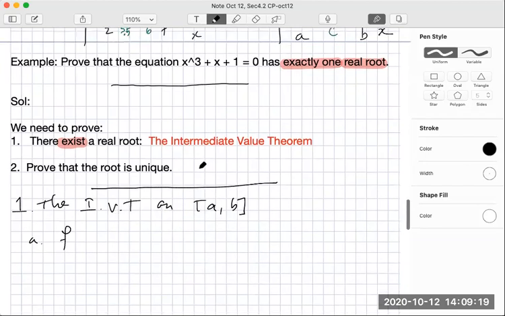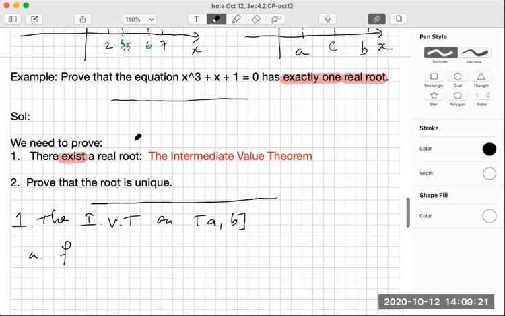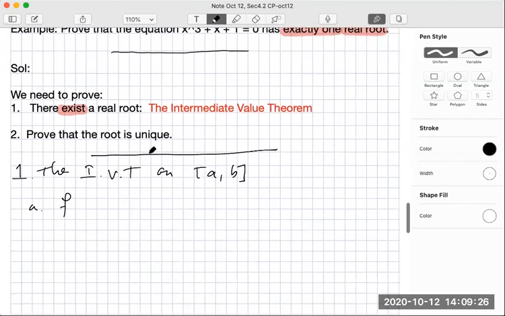In our case, let us consider the interval from 0 to 1.